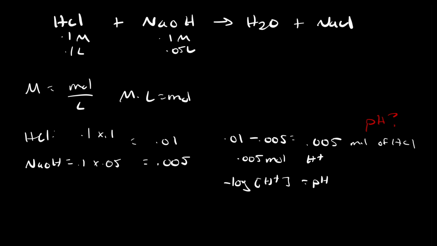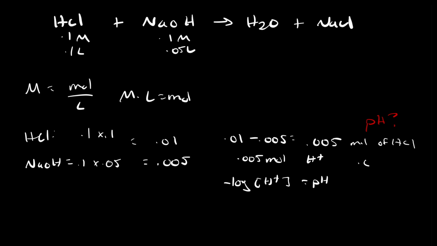So now I have to convert between moles and concentration, or molarity. So we know we have to convert our moles here into molarity. But what's our volume of our solution? Would we use 0.1 here? Or would we use 0.05? What would we use here? Well, we'd actually combine them.